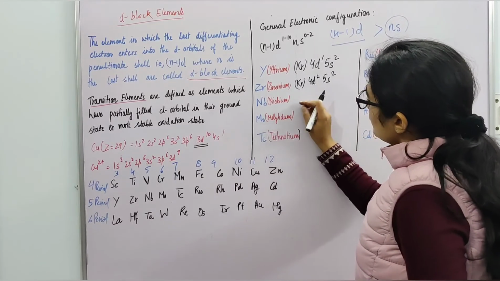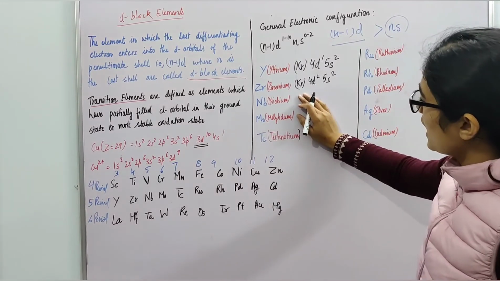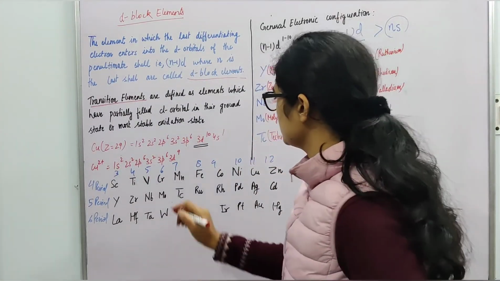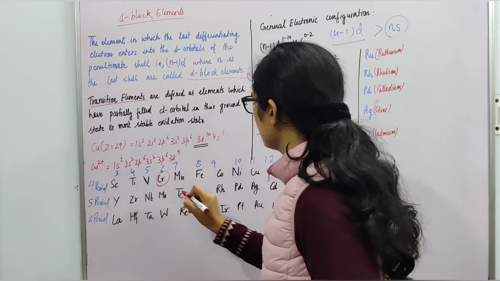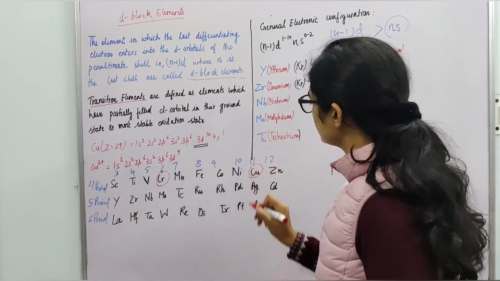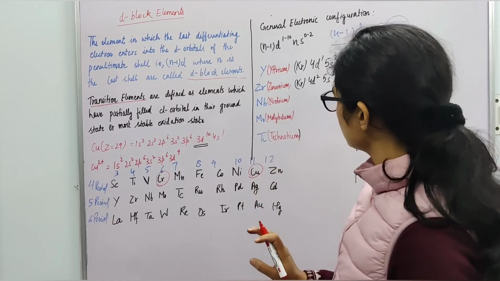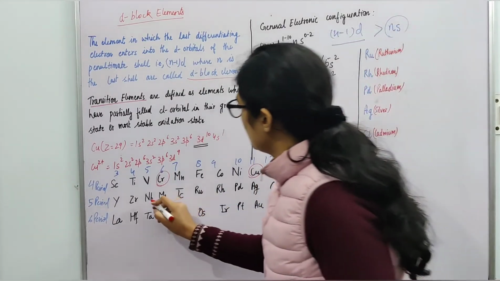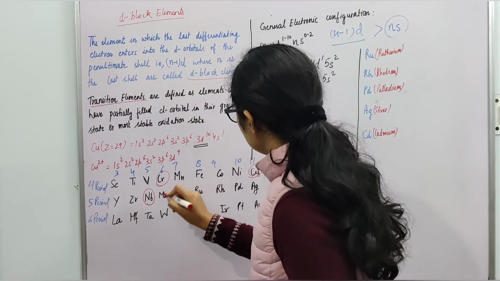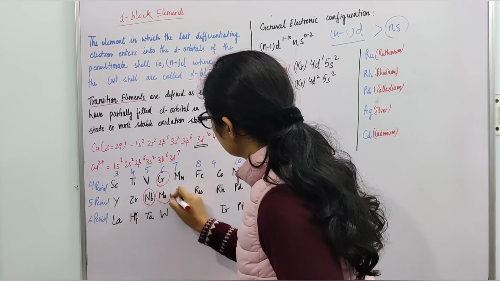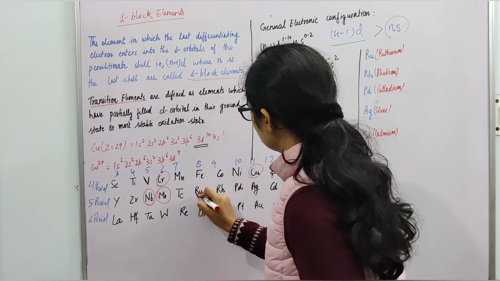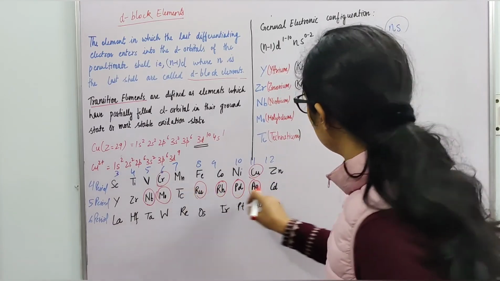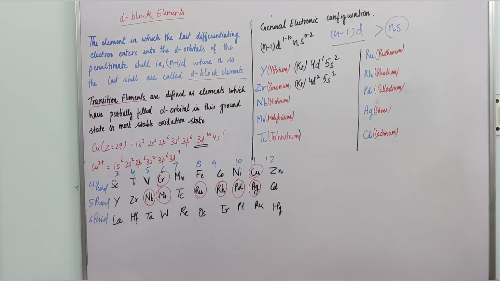Now niobium will have an exceptional electronic configuration. Earlier in the first transition series we had chromium and copper with exceptional configurations. Now in the second series we have a much higher number of exceptions. Niobium, molybdenum, ruthenium, rhodium, palladium and silver all have exceptional electronic configurations.